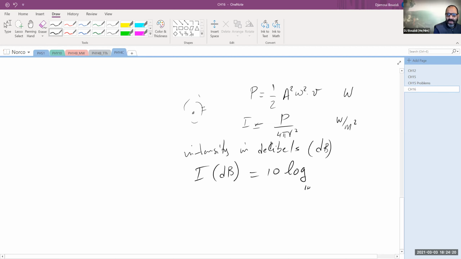It's log in base 10. I know you're used to the natural log a lot, but this definition uses base 10 of the absolute intensity as defined here. So we probably use beta for the intensity in decibels. I'm sorry, I just need to remember the unit for it.